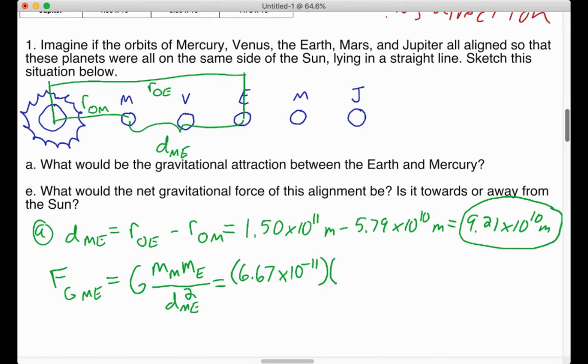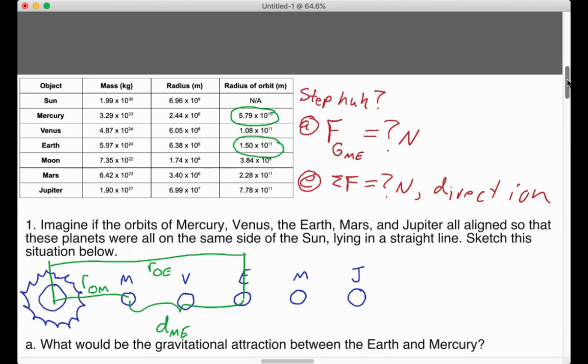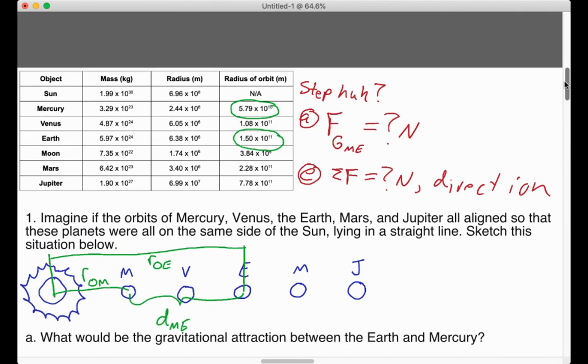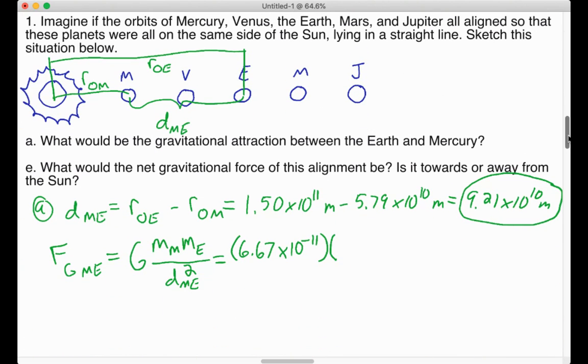And then we need the mass of Mercury. So go to the table. The mass of Mercury is this number right here, and we'll also need the mass of the Earth. That's this number right here. So let me go down here.